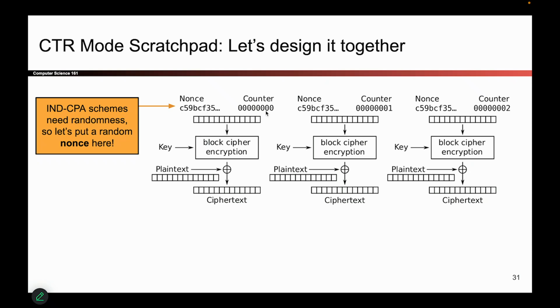So we'll add a counter. So this is the nonce plus 0. This is the nonce plus 1. This one is the nonce plus 2, and so on and so forth, so that all of these outputs are different. And remember, block ciphers are random permutations, or they behave like them anyway. So if you change even a single bit, like the 0 becomes a 1, the resulting output should be totally different and unpredictable.